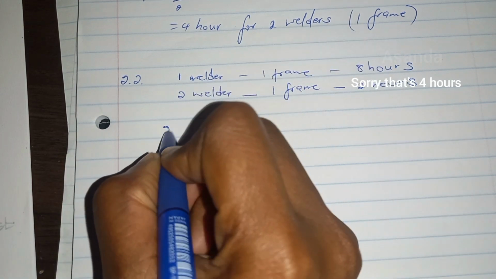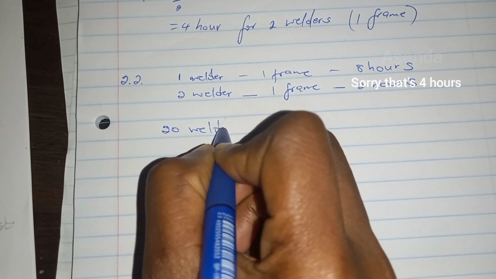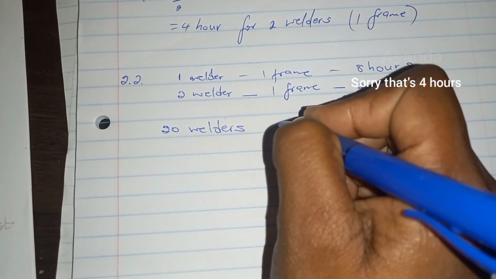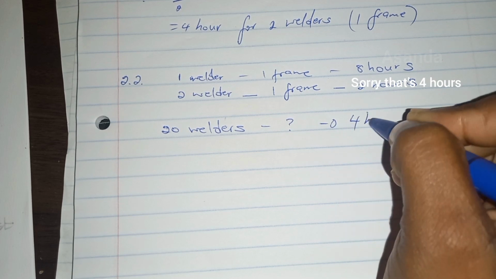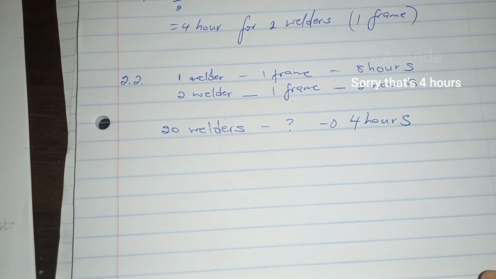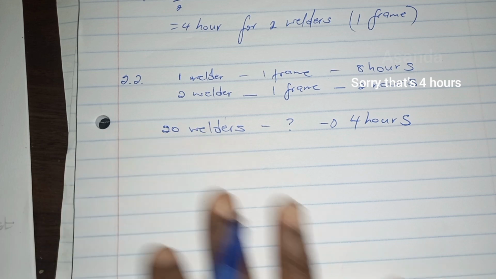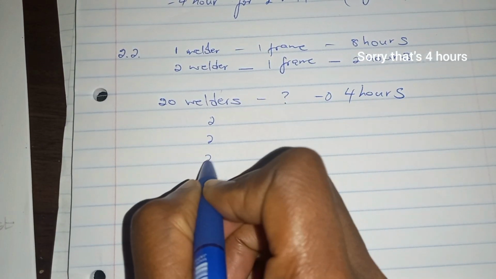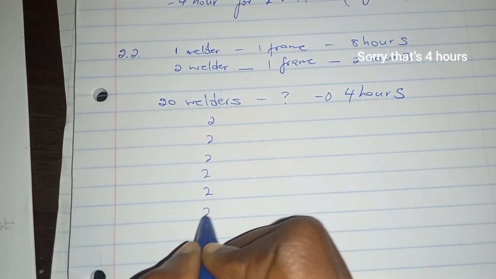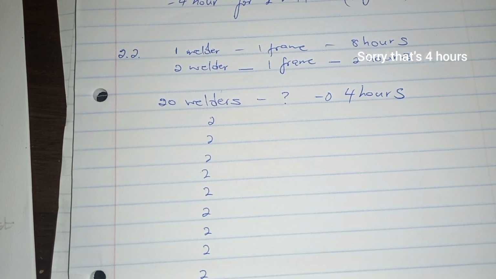Now I have 20 welders, and I don't know how many frames they will make in 4 hours. So I'm going to try and separate this and say 2, 4, 6, 8, 10, 12, 14, 16, 18, 20.